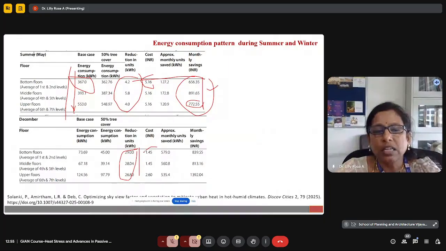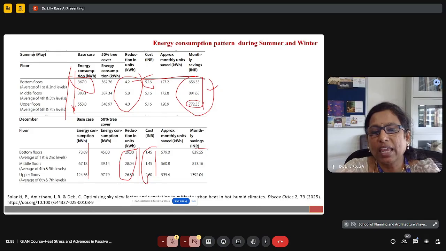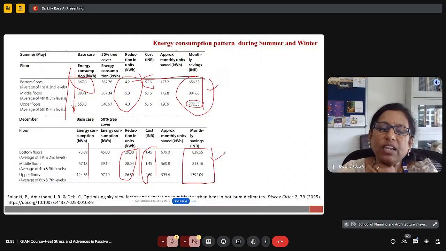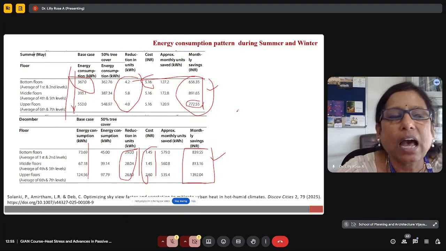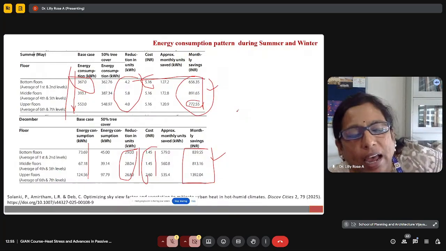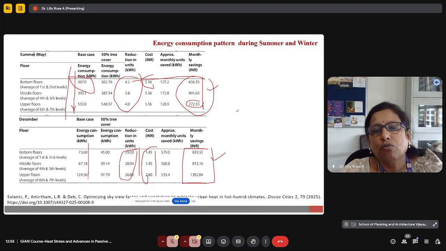But since in winter the total number of units consumed is much lesser compared to summer, the cost reduction per unit is much lesser. But you can get a significantly better reduction in winter compared to summer, because the summer temperatures in Vijayawada are quite high. They range from about 38 degrees to about 43, 44 degrees during daytime.